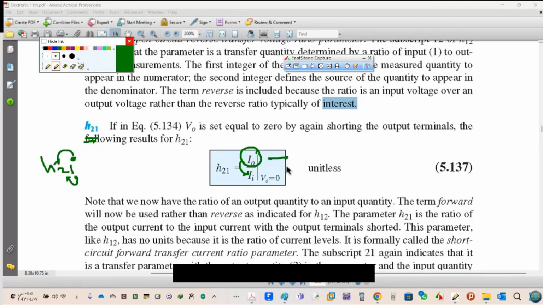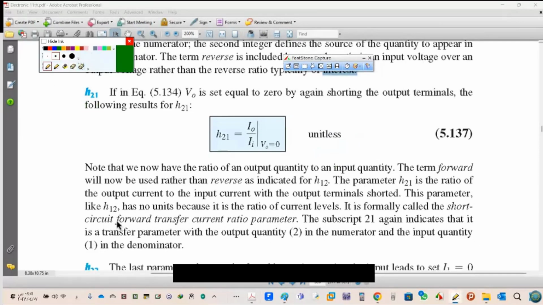And here it is current over current. That means unitless, without unit. And if you want the name, it is the short circuit forward transfer current ratio.